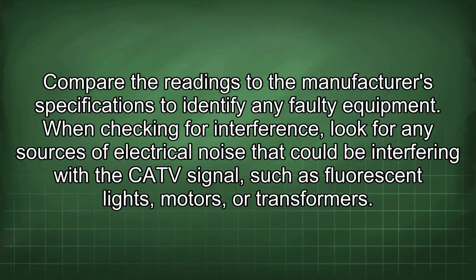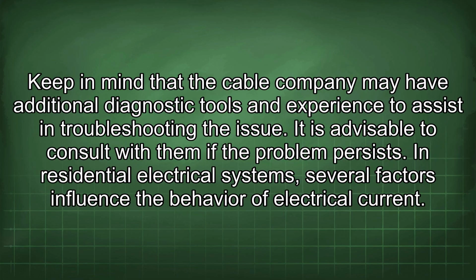When checking for interference, look for any sources of electrical noise that could be interfering with the CATV signal, such as fluorescent lights, motors, or transformers. Keep in mind that the cable company may have additional diagnostic tools and experience to assist in troubleshooting the issue. It is advisable to consult with them if the problem persists.